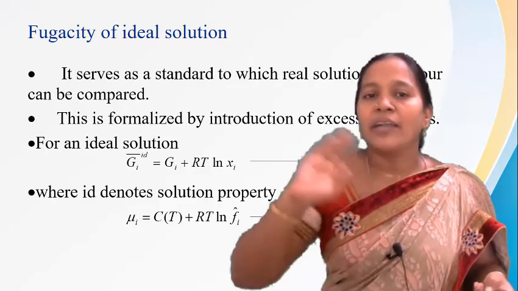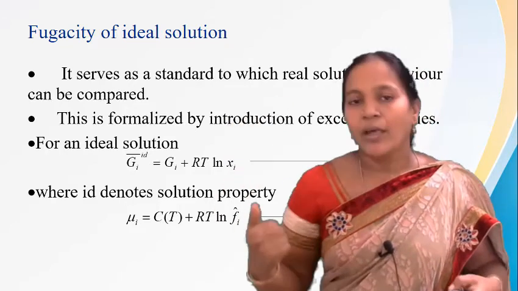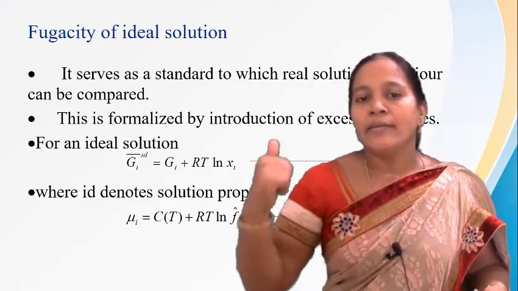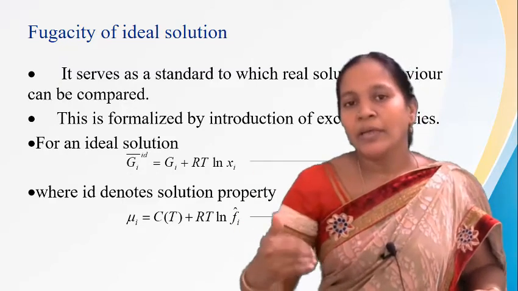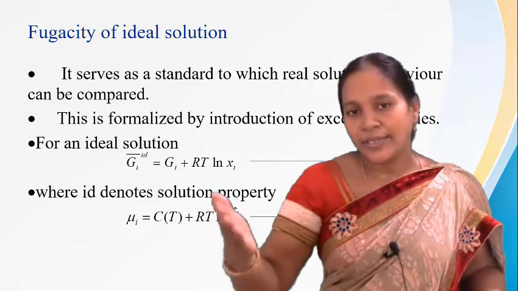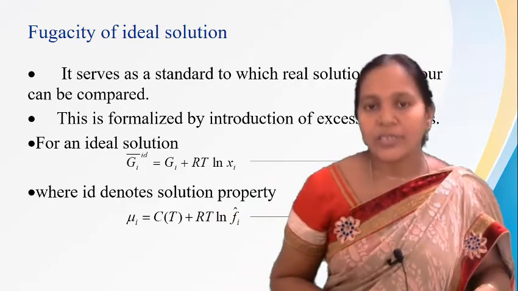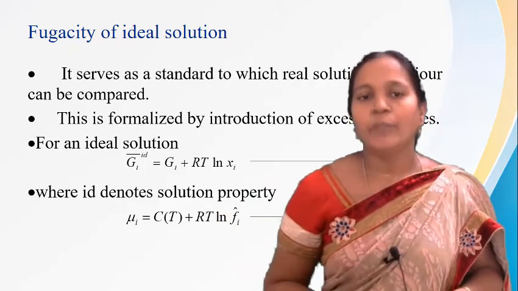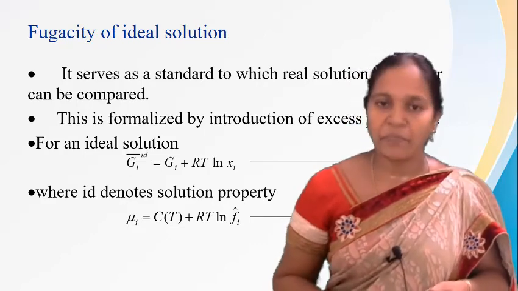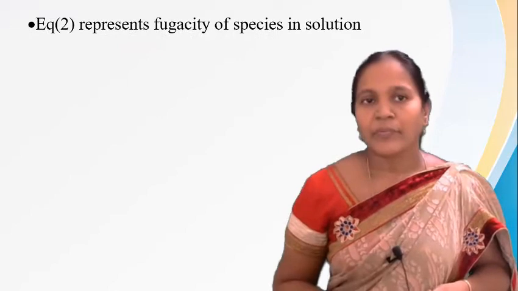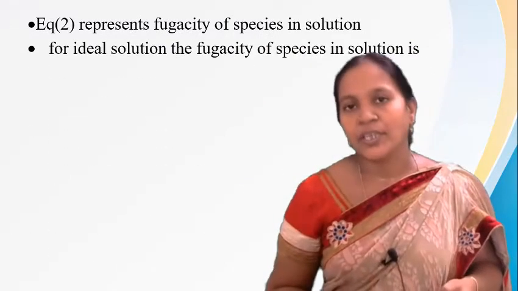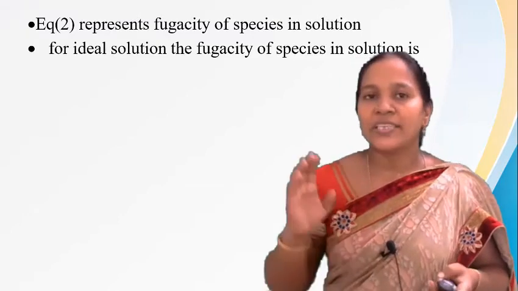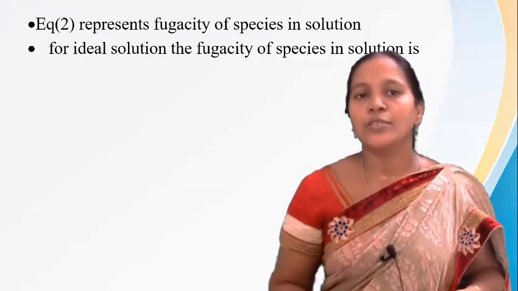Here G bar i ID is replaced with mu i, and ln Xi is included, where ID denotes ideal solution property. Equation 2 represents the fugacity of species in solution.